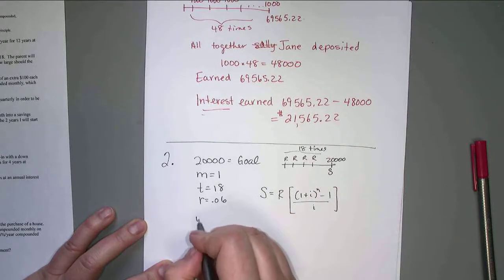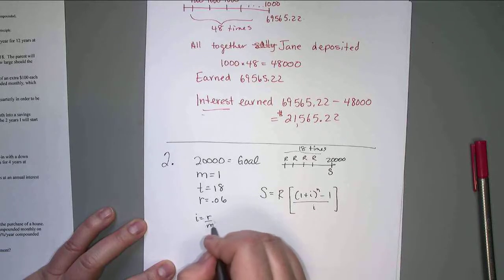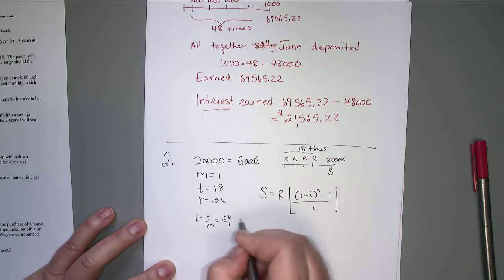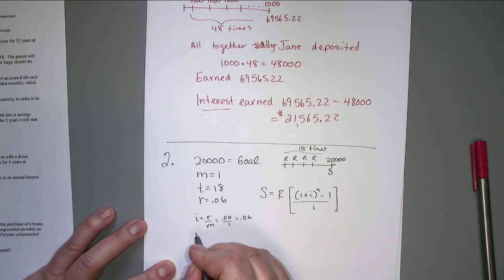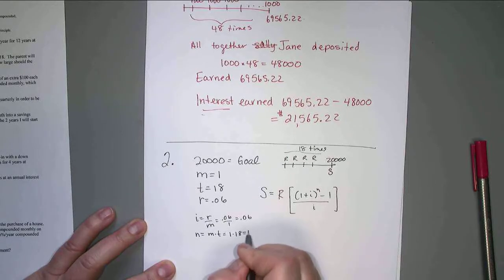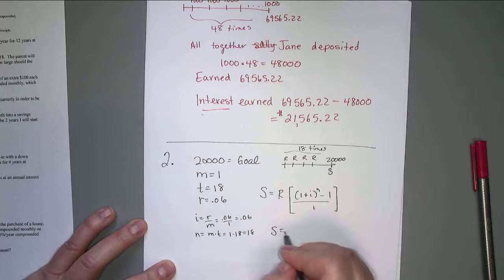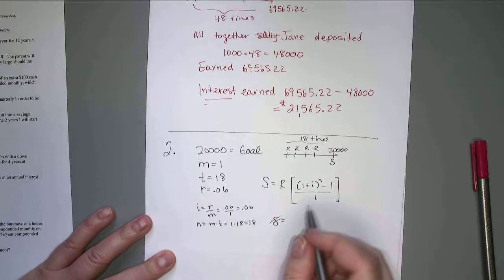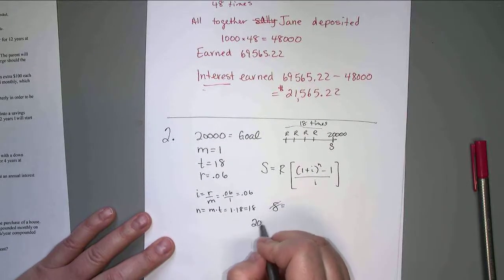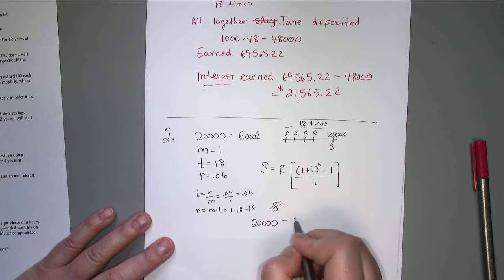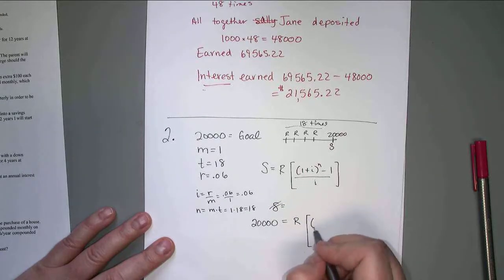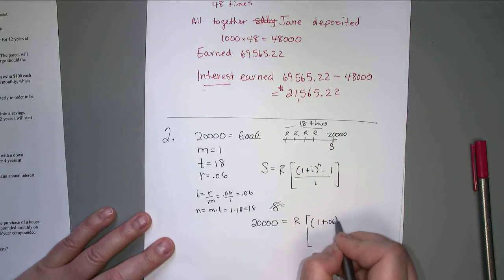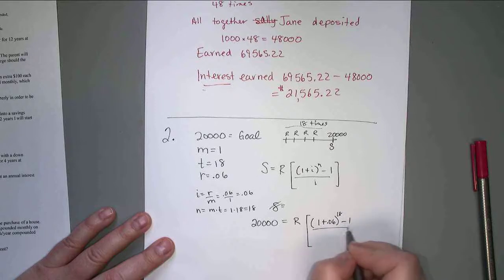So I is R divided by M, 0.06 divided by 1, so still 0.06. N is M times T, so 1 times 18 is 18. Oh, and S is 20,000. That's our goal. So 1 plus 0.06 to the power 18 minus 1 over 0.06.